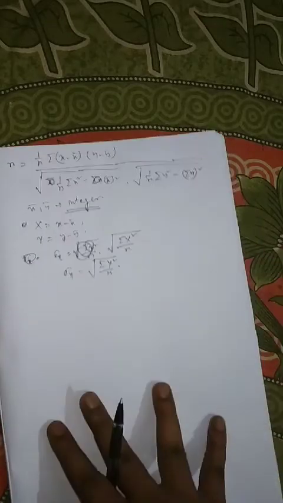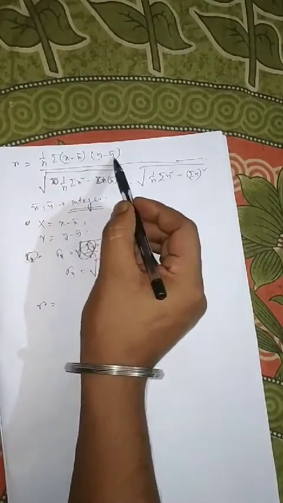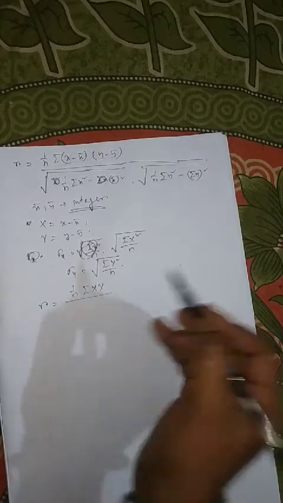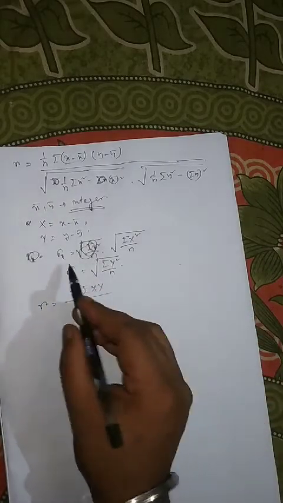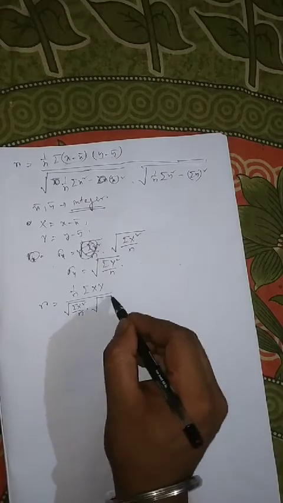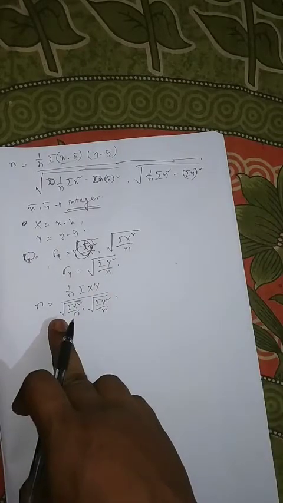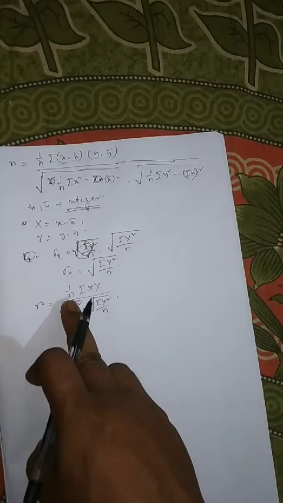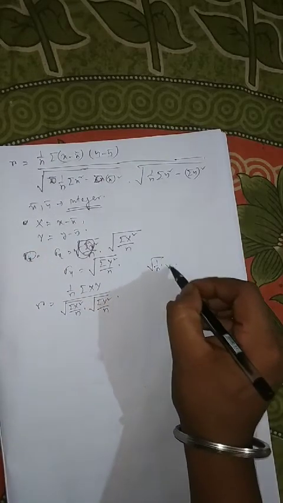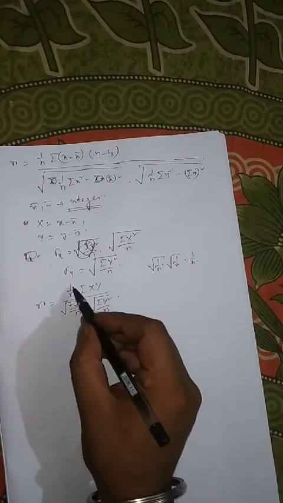Okay, so r equals 1 by n summation x minus x bar, y minus y bar. This will give summation capital X into capital Y, and in the denominator root under summation capital X square by n into root under summation capital Y square by n. Taking out 1 by n, root under 1 by n into root under 1 by n we can write as 1 by n, and the numerator also has 1 by n.